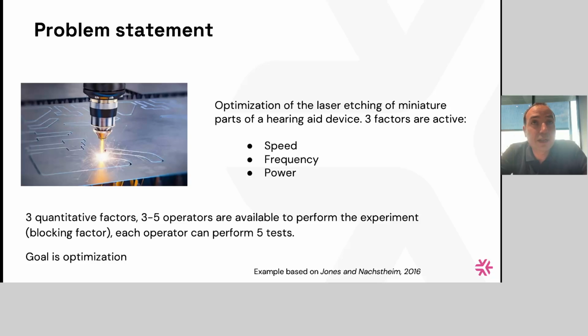Not only that, we expect that there will be significant differences between the different operators, and there are 3 to 5 operators available to perform the experiment. This is the blocking factor, and each operator can perform 5 tests. The goal is optimization. Let's turn to the software and see how we can solve this problem using the Effex Platform.